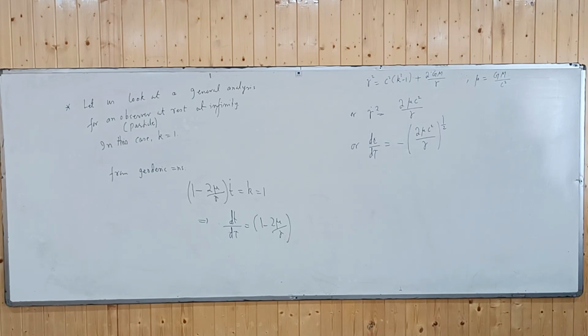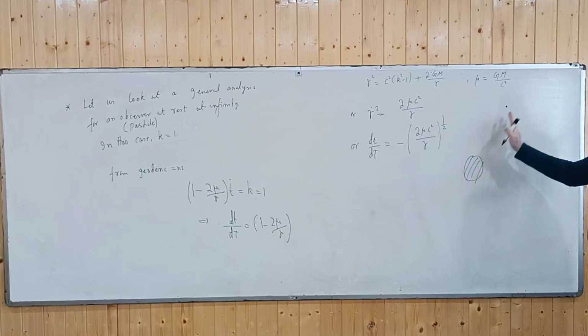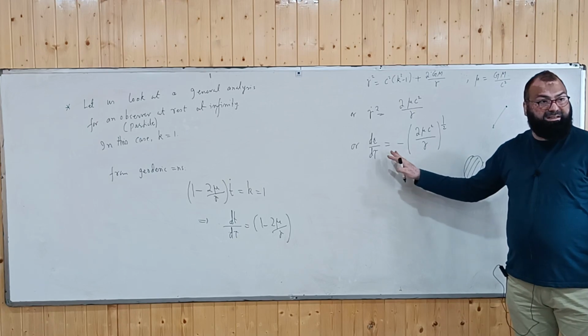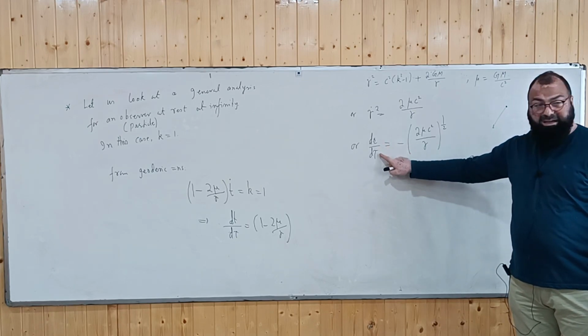Since we are looking only at the ingoing motion, you have a massive object, and you threw a particle at rest from infinity, so it moves towards that mass. It is an infalling observer we are looking at. This will specify the trajectory of the particle, because this is dr by d tau.